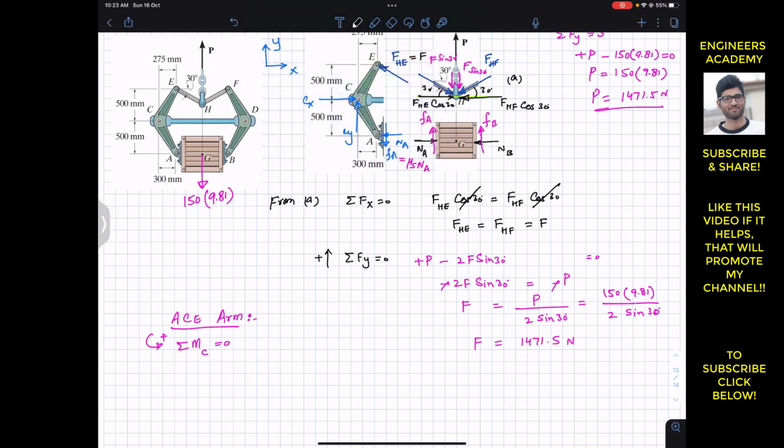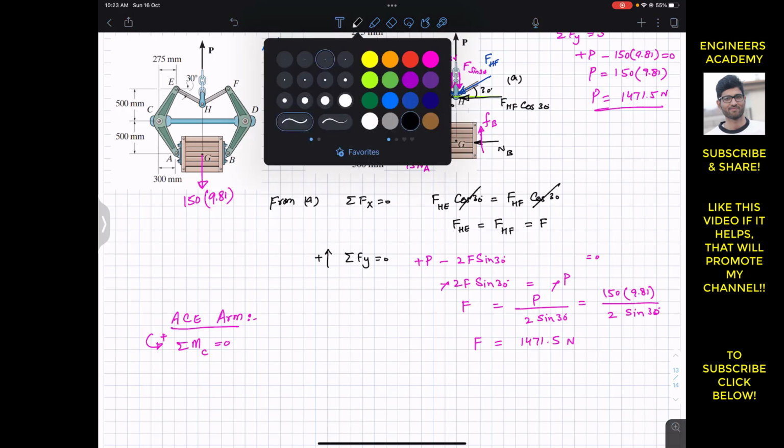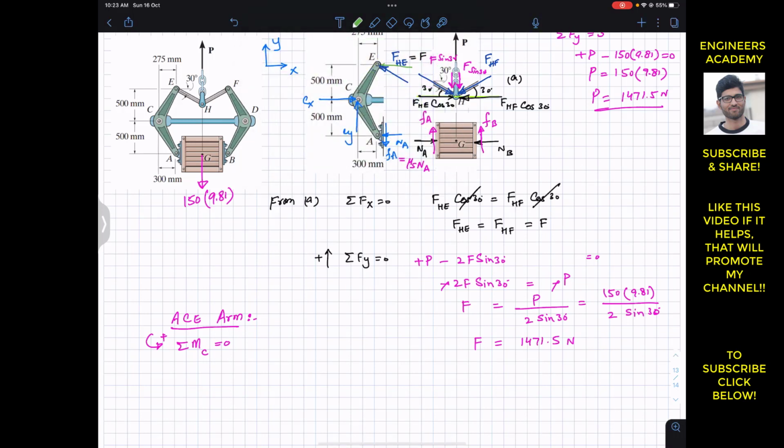To find the moment about point C, we have to resolve this FHE, which is equal to F. Again we will have two components of this FHE, one component in this direction and one component in this direction. Again we have a 30-degree angle here. This one is the cos component, this one is the sine component.